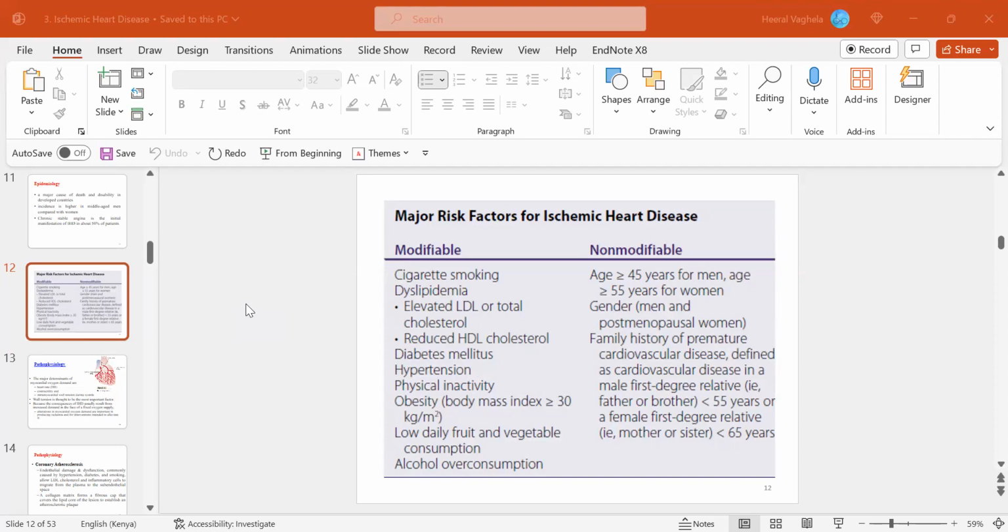The non-modifiable are age, gender, where men and postmenopausal women are at major risk, and any hereditary cause.